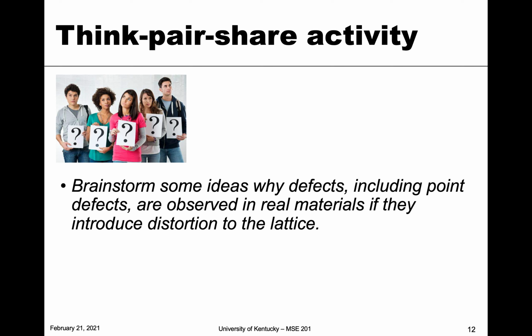Why do you think these things would exist if there's this distortion that it introduces to the lattice, and therefore you would assume a cost associated with that distortion? Brainstorm some ideas. This will be in the quiz, so you can pause this and go put in those ideas, and then come back and I'll talk to you some more about why these things actually happen.